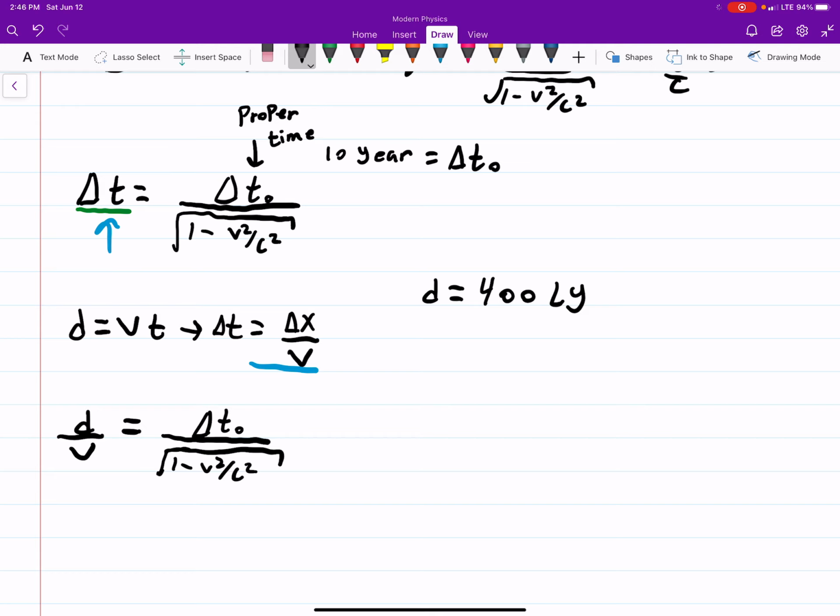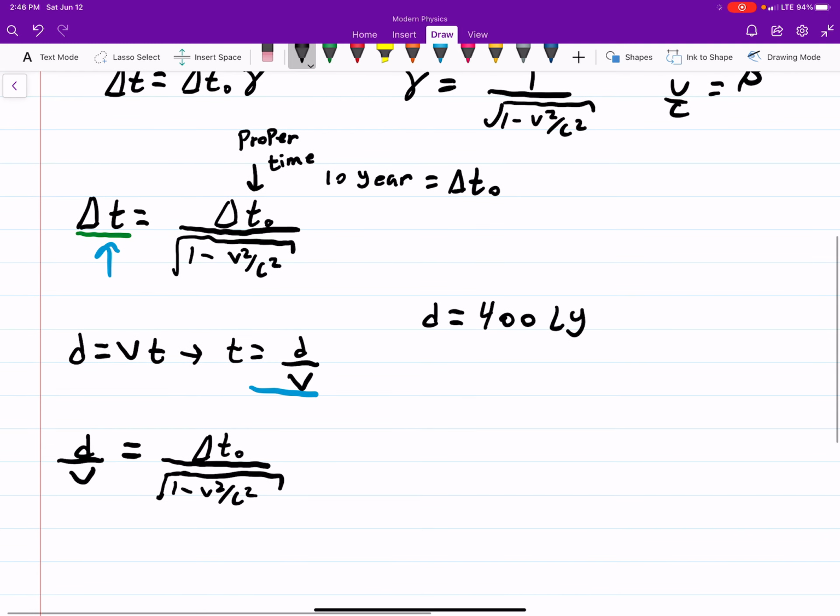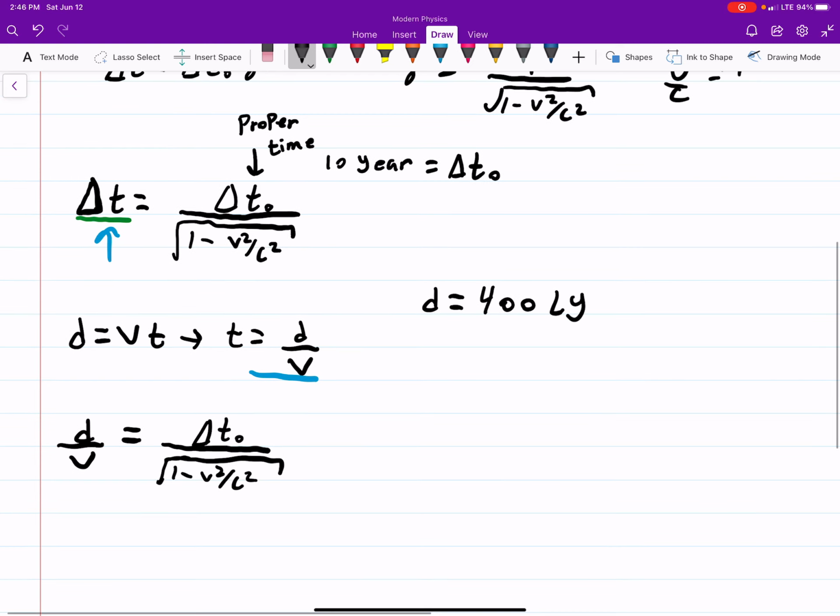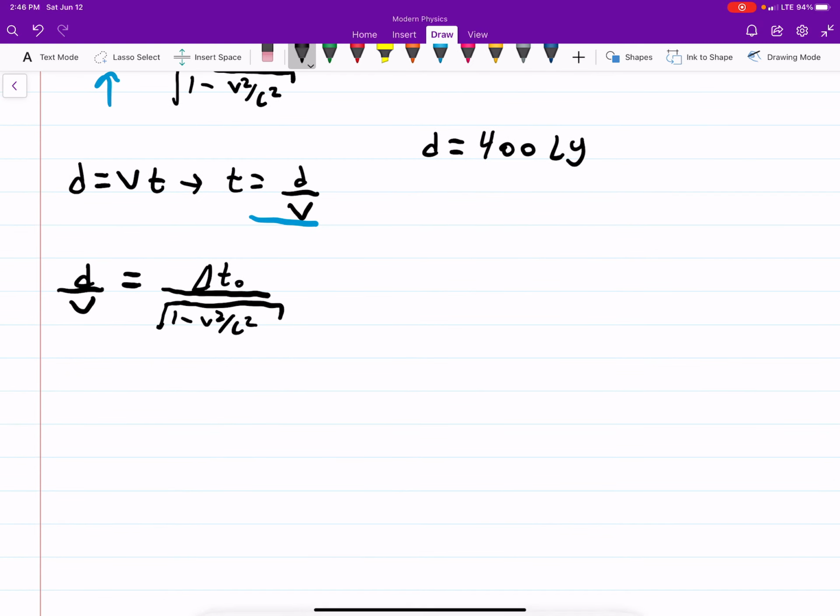I'm not going to do that, but you could. I know it's a little weird because we're using a delta here. I mean, there is still technically a delta. I'm just being lazy. So hopefully you're okay with that. And then I'm going to cross multiply.